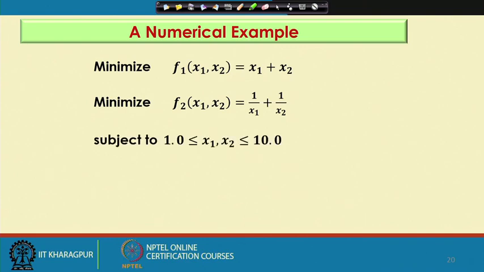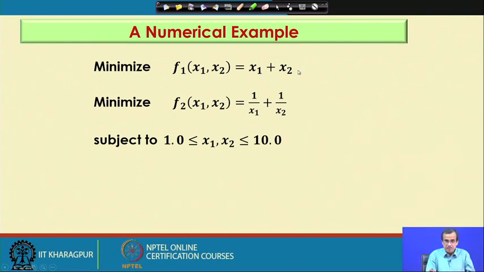The aim is to minimize the function f1 of two variables x1 and x2, which is nothing but x1 plus x2, and to minimize the second objective function f2 of the same design variables, which is nothing but 1 by x1 plus 1 by x2, where x1 and x2 lie between 1 and 10.